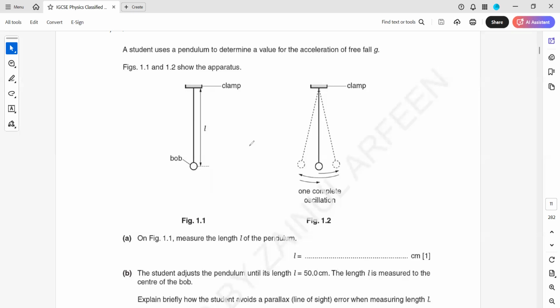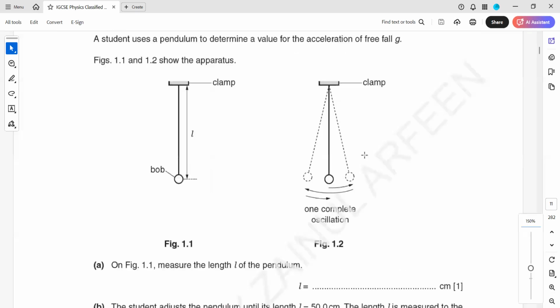If it is within 10%, they will give the mark. But for these questions, the exact answer is needed, because you have to place a ruler here. They mention the starting and the final point, so you just have to place the ruler and read it.